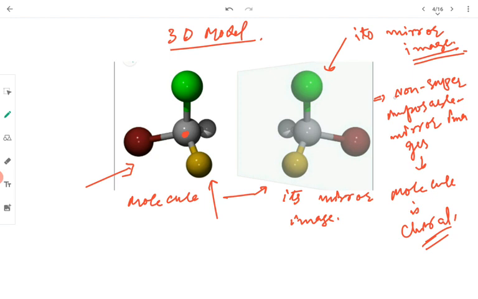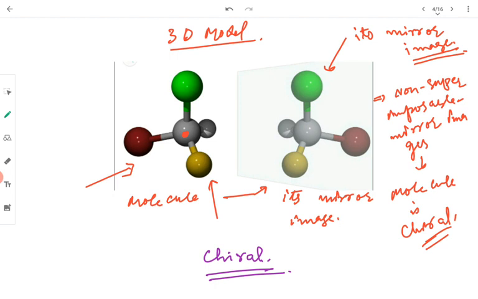Here, these two molecules that I have given are non-superimposable mirror images. Then we can easily conclude here that this molecule will be chiral because it produces two non-superimposable mirror images. So this molecule will be chiral.